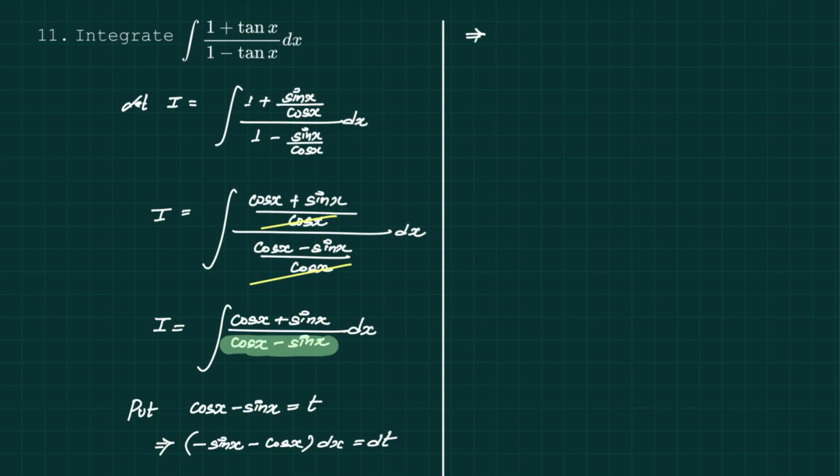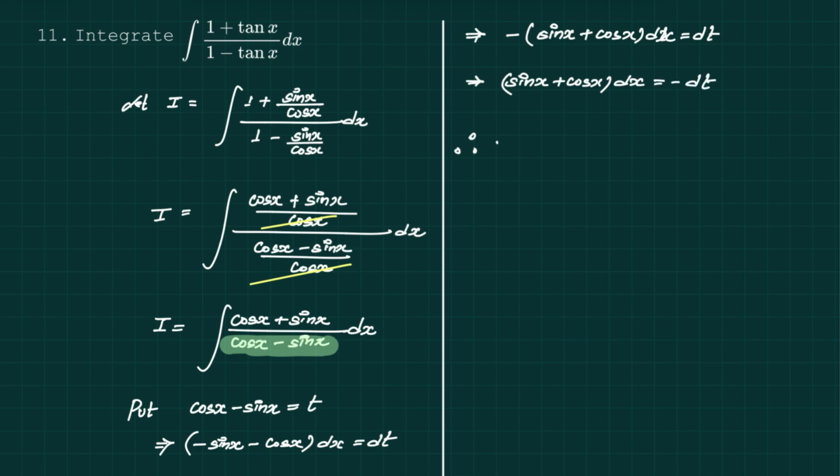So this implies, let us take out minus common, then we will have sin x plus cos x into dx equals dt, so sin x plus cos x into dx equals minus dt.